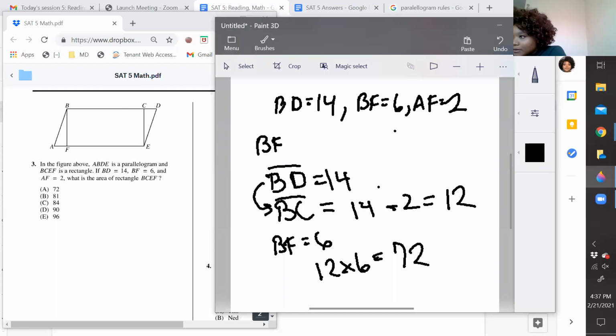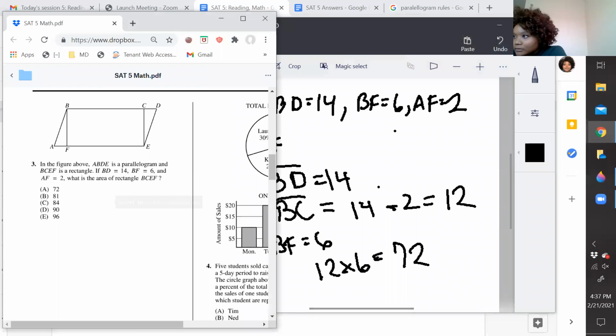Let's see here. In conclusion, we're looking at this triangle here. This is very sloppy, but I can't draw on it for some reason with my pen. So we see that BD, as it says here, BD equals 14. Well, what is contained within BD?